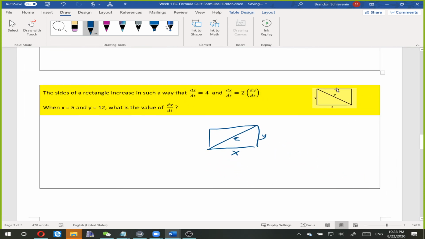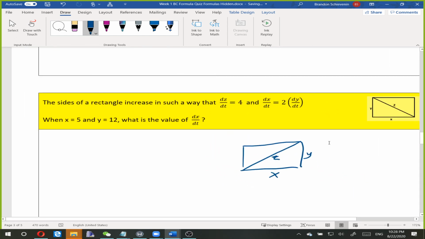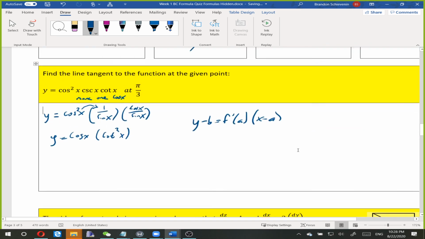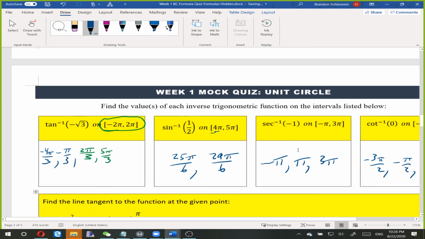Oh, I did have a picture. I was just cutting it off. Okay. So for these related rates problems, you're going to set up an equation and then derive those implicitly, and then plug in everything you know and solve what you don't know. Any questions on what's going on for the homework?